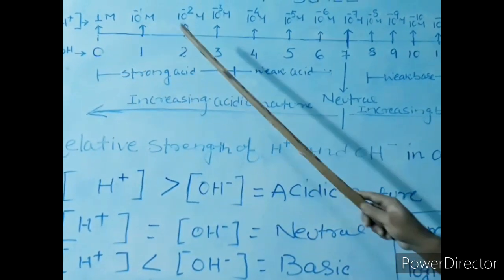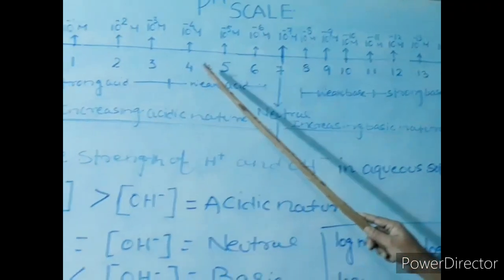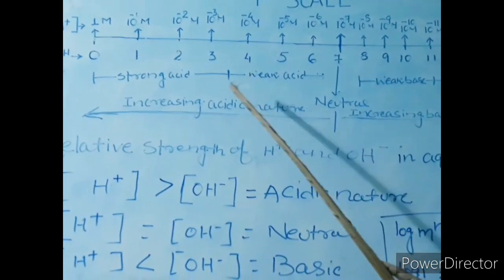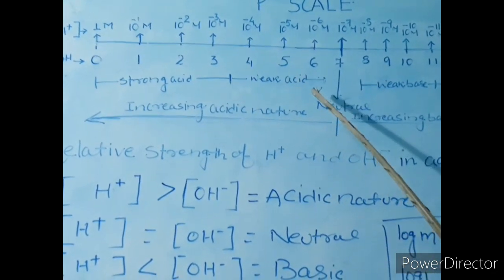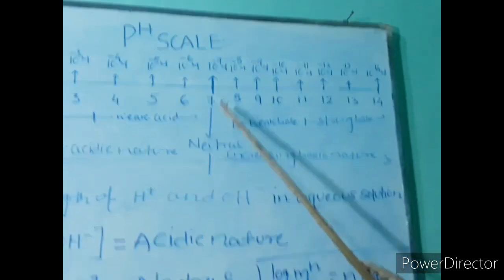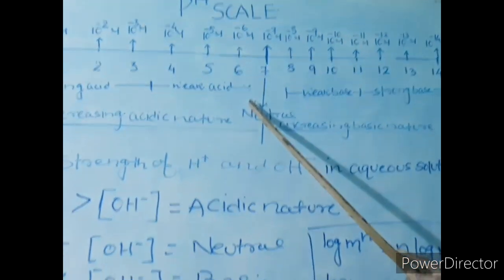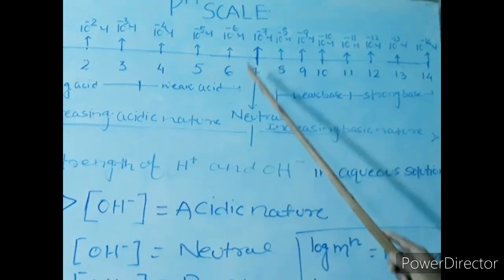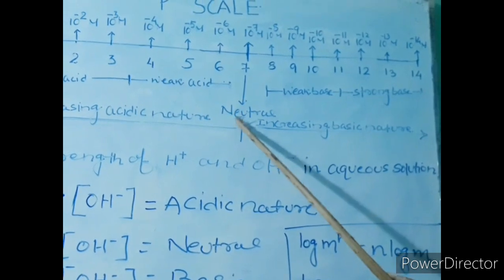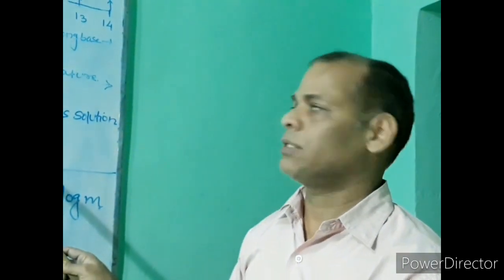If the pH of an aqueous solution of a compound is less than 7, then that compound belongs to the acid family. If the pH equals 7, then that compound is neutral. It means it is neither an acid nor a base.